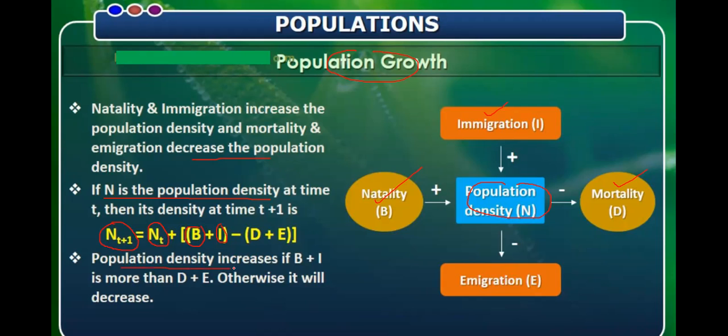So population density increases if B plus I is more than D plus E. If B plus I is more than D plus E, then there will be an increase in population density. Otherwise, it will decrease.